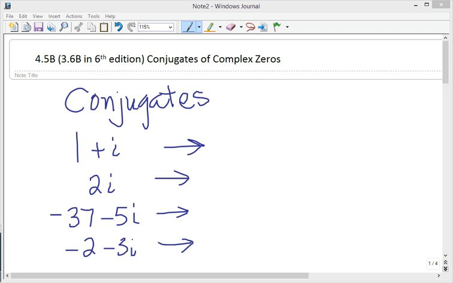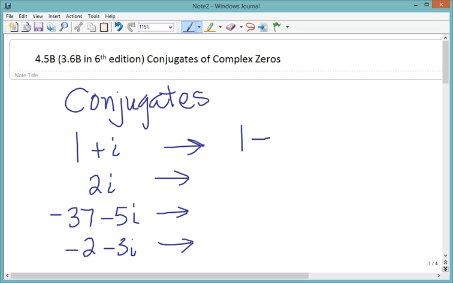So when we say conjugate, we're changing the sign on the i. Okay? We don't change both signs. We just change the sign on the i. So the conjugate of 1 plus i would be 1 minus i. The conjugate of 2i would be negative 2i.